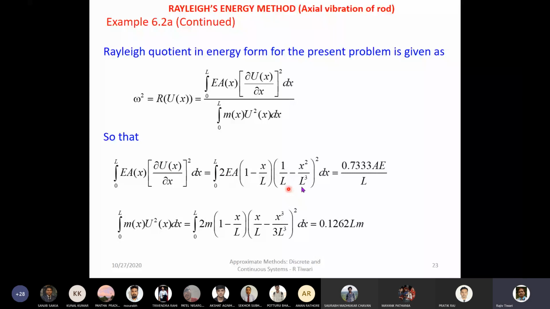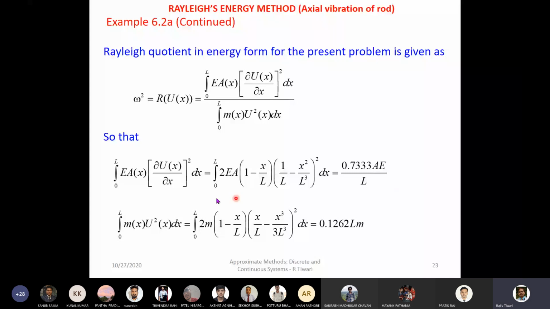We need to expand this, multiply these two, and then integrate with respect to x. This will be a lengthy integration, but only integration of a polynomial will be required, and if we do it, we'll get an expression like this for the potential energy.